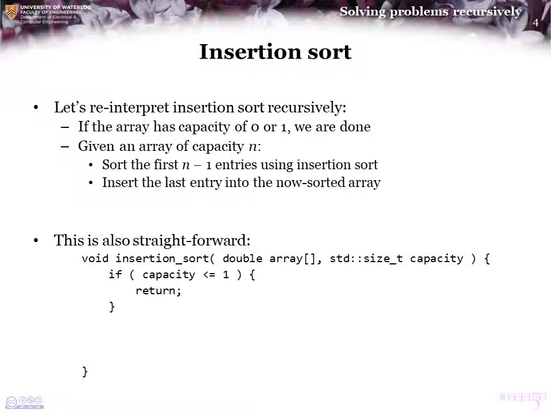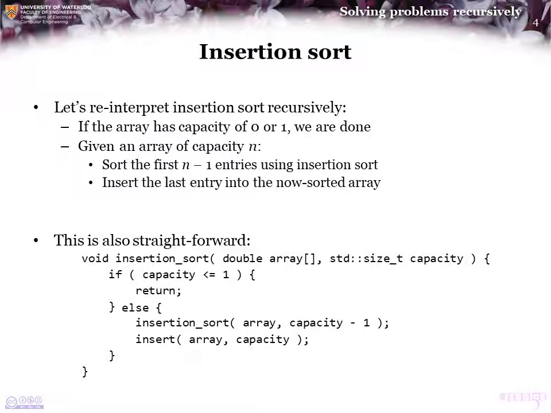So here is the function body. Here's the base case, as before with selection sort. Now we have to deal with the recursive case. Well, we are going to call insertion sort on the first capacity minus 1 entries, so 1 fewer entries than the number of entries we are trying to sort right now. Now, when insertion sort returns, we're assuming the first capacity minus 1 entries are all sorted, in which case we will now call insert on that array with capacity.